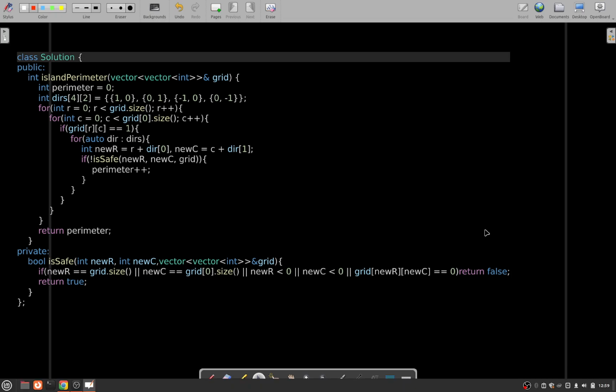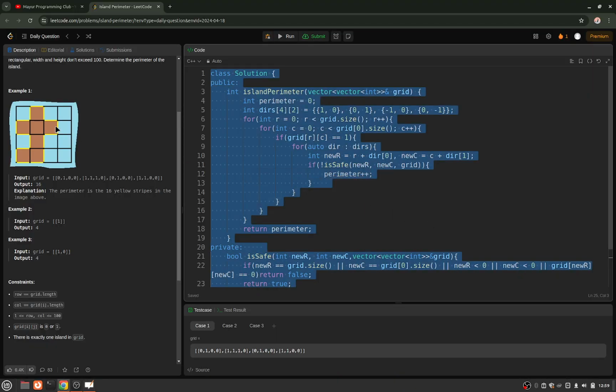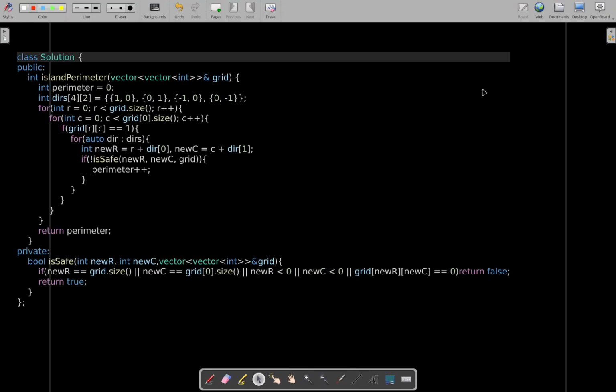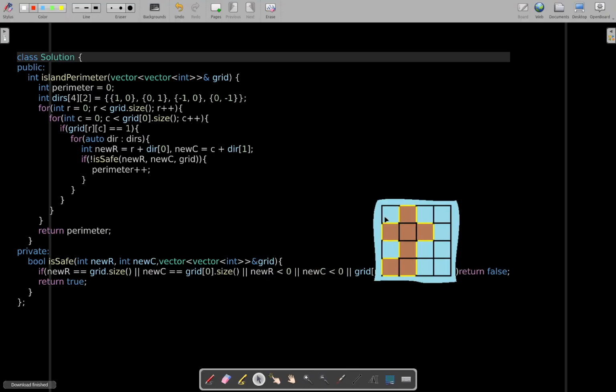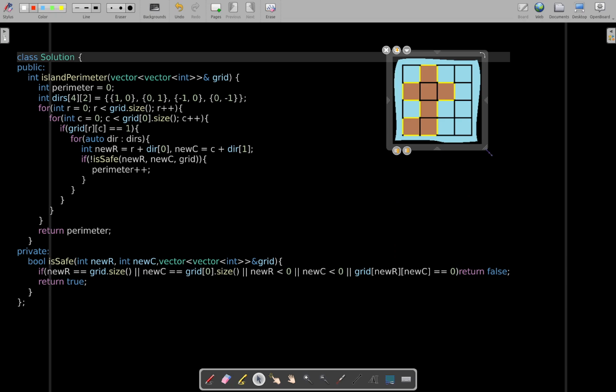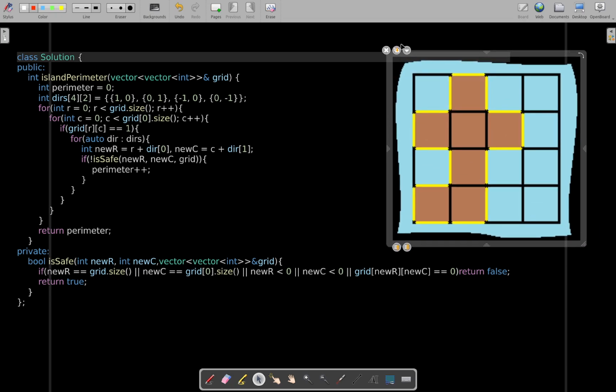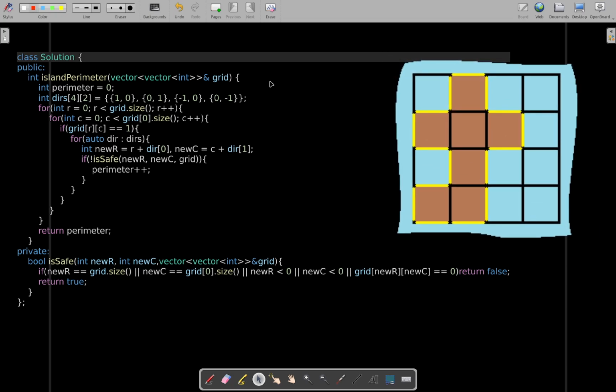I think it will be great if we are able to copy this image over here also. So let's try to do that. Yeah, so the image is also here. What we are doing is, from each cell we are trying to move in these four directions. What are the directions? These are the four directions.